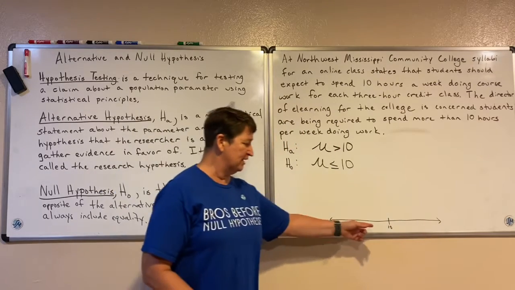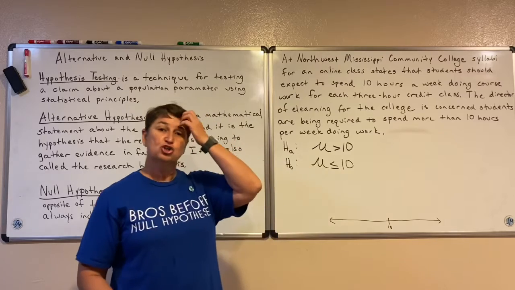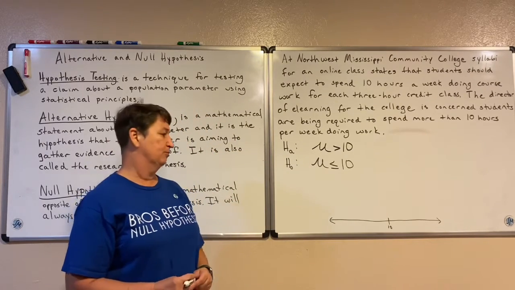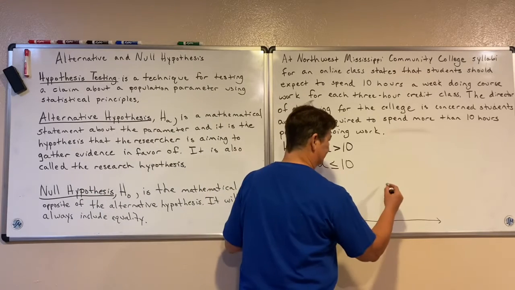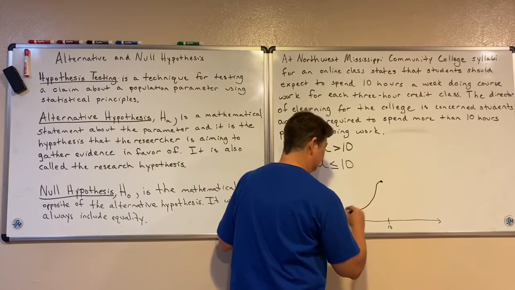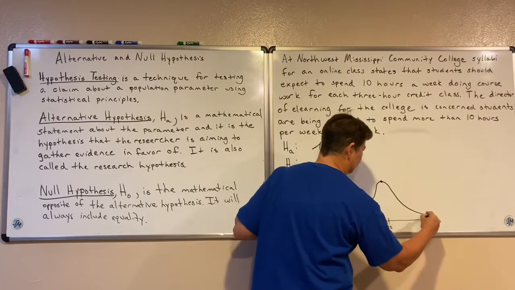And the mean of that sampling distribution should be the same as the population mean, our parameter. So it's part of this normal distribution, something like this.